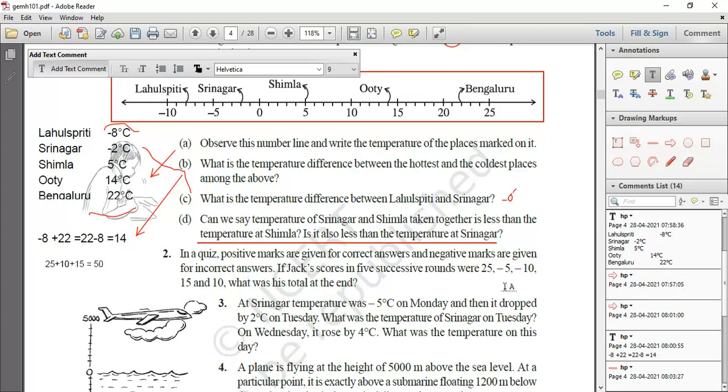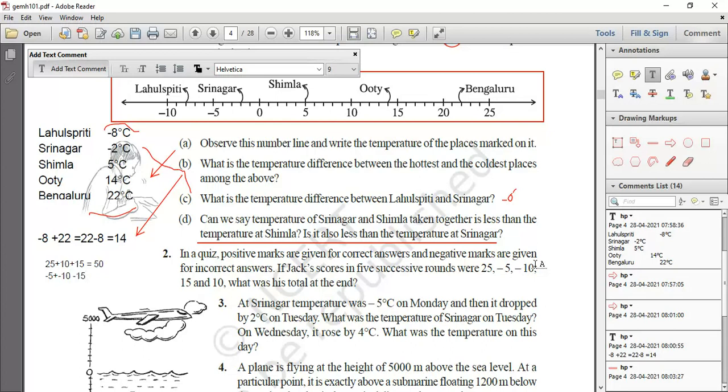And if you take the negative numbers, add them together. The negative numbers are -5 plus -10. If you add them, you will get -15.